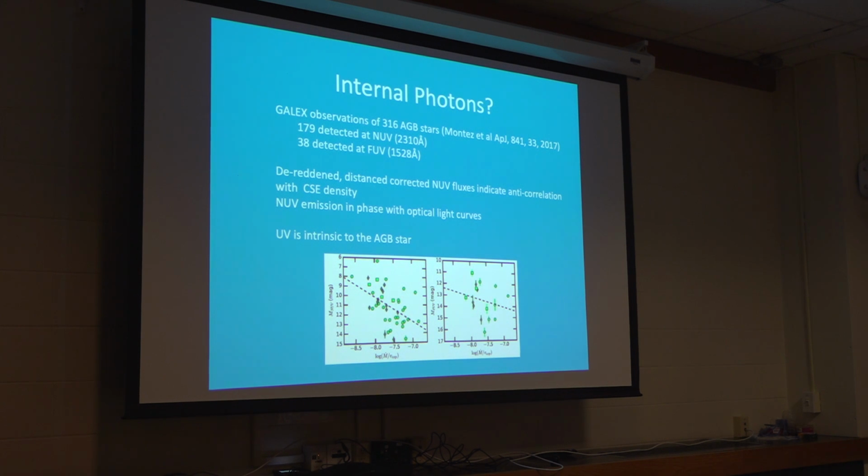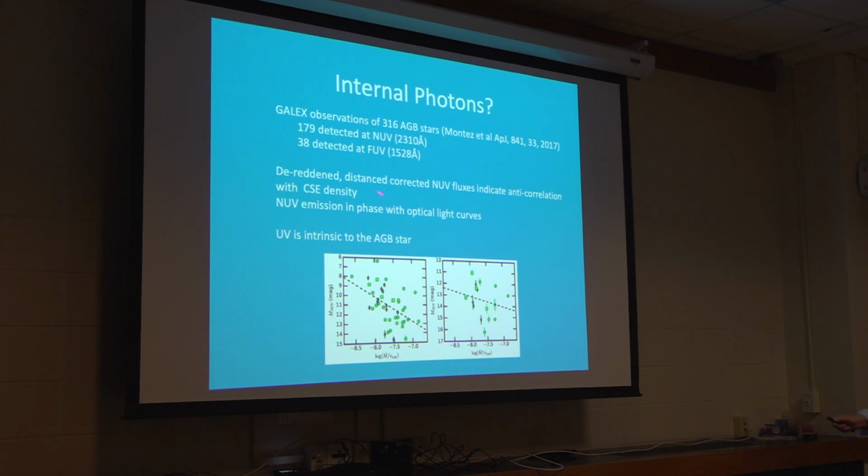So far I've talked about the effects of external radiation on the envelope. I want to talk about the possibility that there may be internal photons that are important in some of these objects. Rudy Montes here published a paper a couple of years ago where he used GALEX observations to study over 300 AGB stars, and found that in broadband detections at NUV and FUV wavelengths, a significant number were detected, about 10% at the shortest wavelengths, but a significant fraction at longer wavelengths.